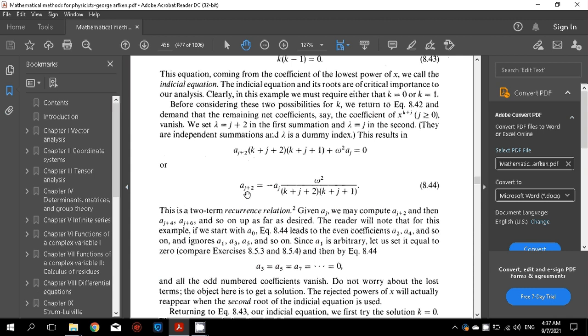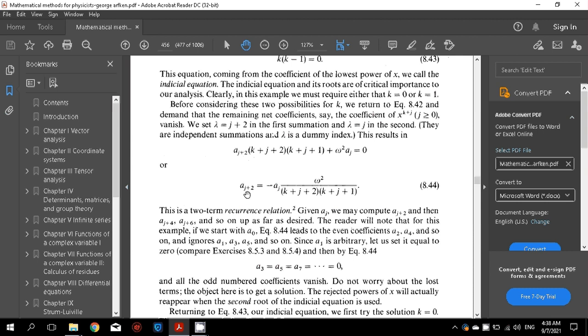So starting from A0, you will go to A2, A4, A6, A8, etc. up to infinity. However, the other coefficients A1, A3, A5, which are the odd coefficients, are missing here.